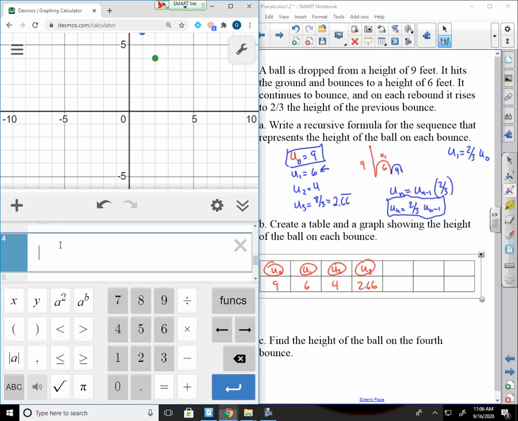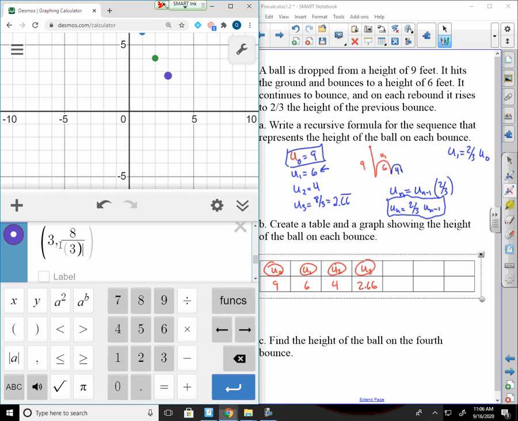And 3, 2.6 repeating. I can even do 8/3. That'll be even more accurate. You'll notice I have to push the over button. Like when I type this parenthesis in here, after doing 8/3, it went into the bottom. I have to push the over button to get it back to normal.